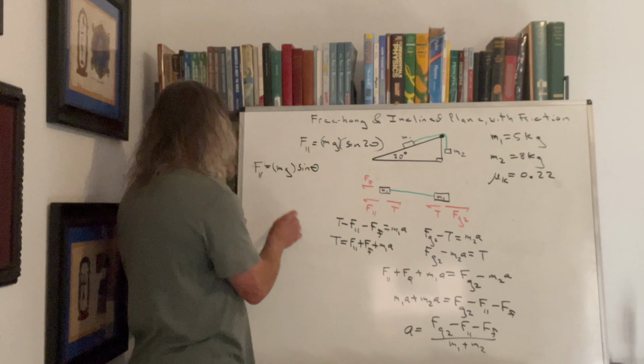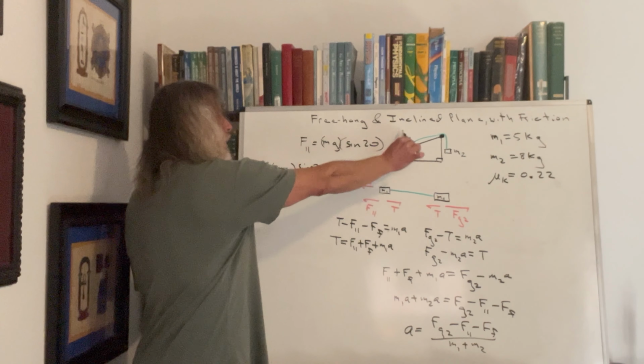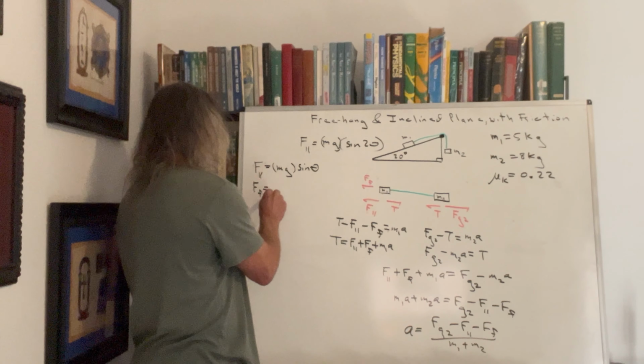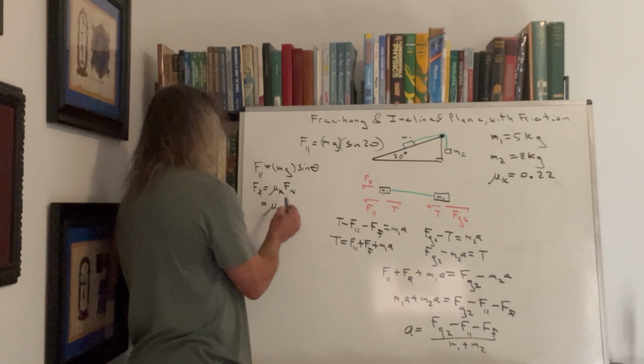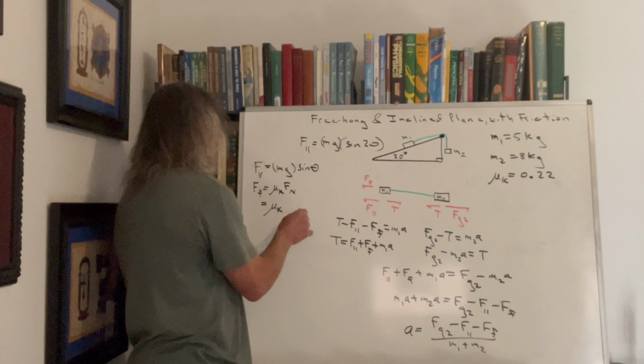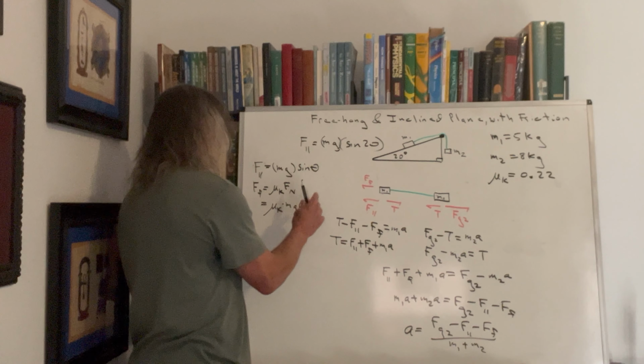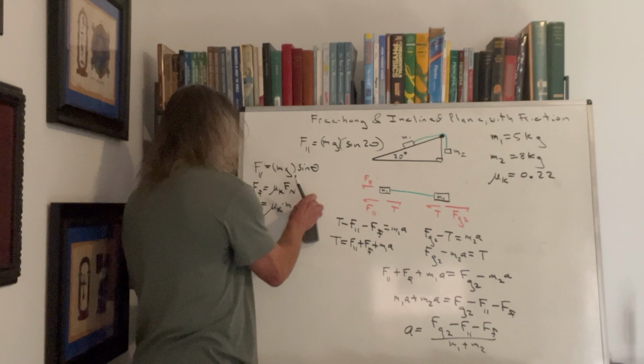And then the force of friction is the normal component times mu sub k, F sub n, which will be mu sub k times mg cosine theta.